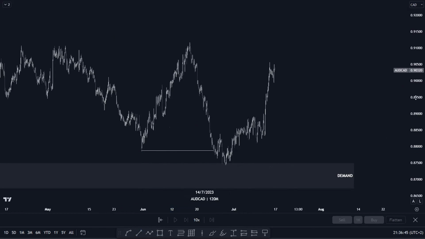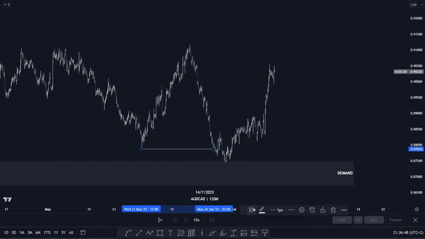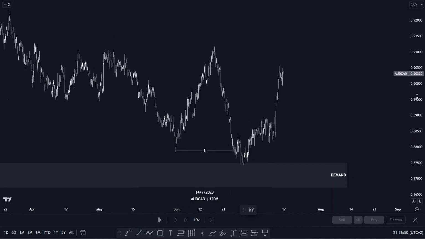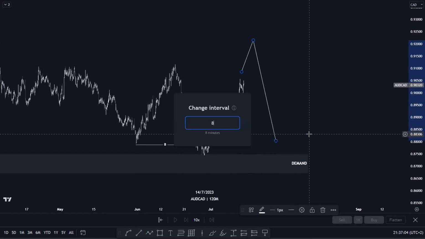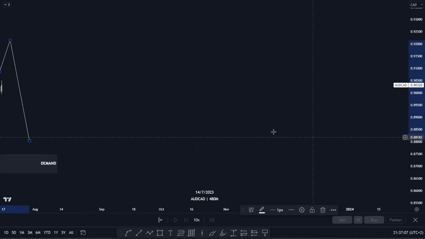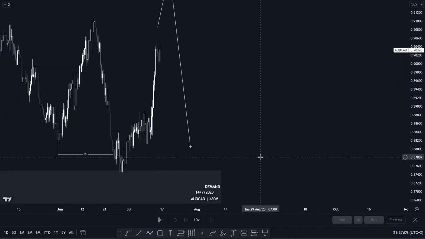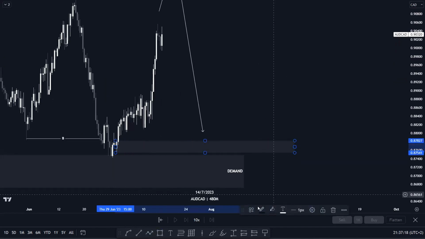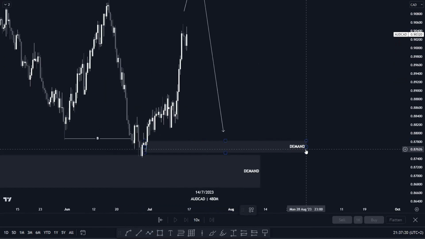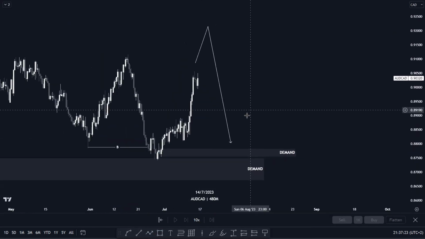So what we'll be looking for next is that price to break our previous lower high here and push to the downside to our demand zone here, that we will be using for our confirmation entries.